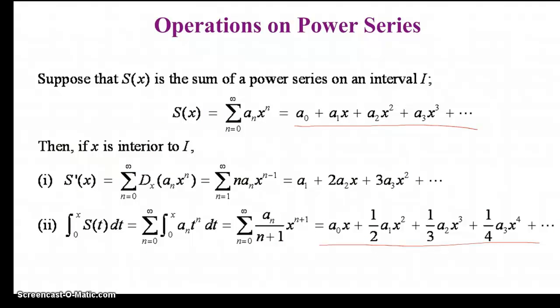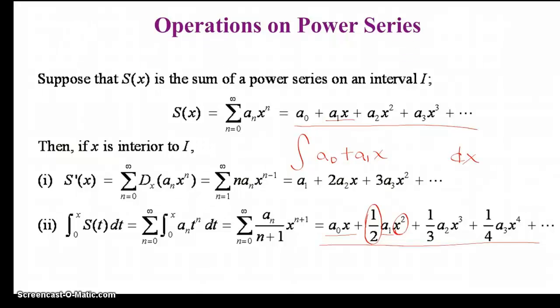Let's compare what's happening here with the power rule for integration. If I integrate a naught with respect to x, I get a naught times x. If I pop a sub 1 out front and integrate x with respect to x, I get 1/2 x squared. So you can see that integrating term by term, just like differentiating term by term, is going to work for us. That's the power of polynomials.